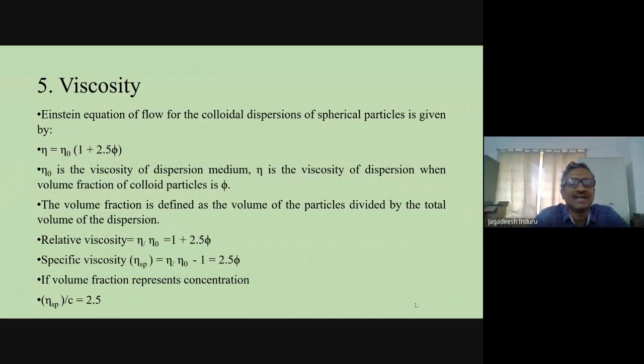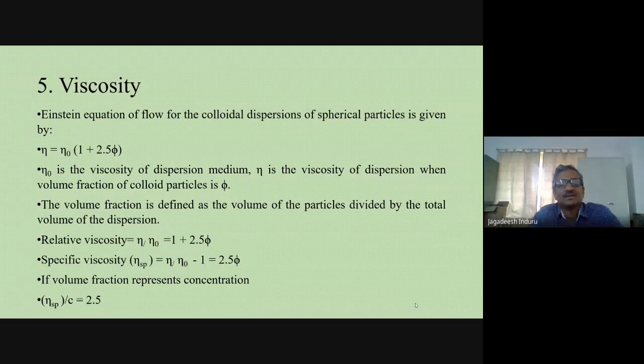The volume fraction is defined as the volume of the particles divided by the total volume of the dispersion. In the case of 20% and more, 20 divided by 100 gives a fraction of 0.2.